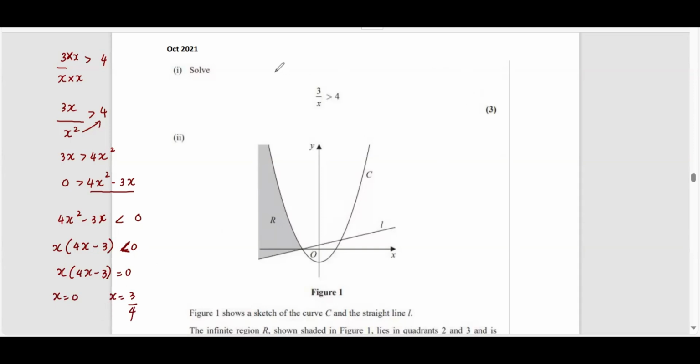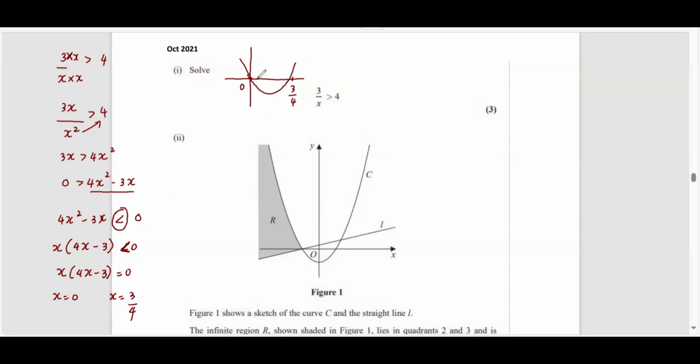Sketch the graph. So when we sketch the graph here, 0 is over here and 3 by 4, let's take it over here. Now the coefficient of x square, we know it is positive 4. Positive 4 means it will be a U-shaped parabola. And then the inequality here is less than.